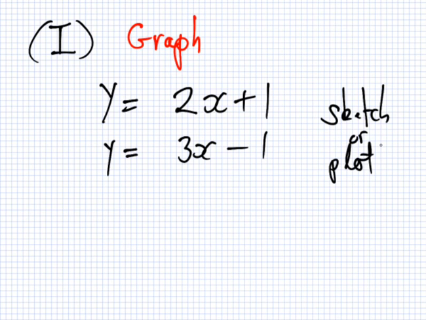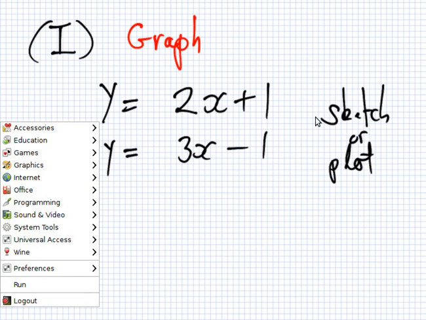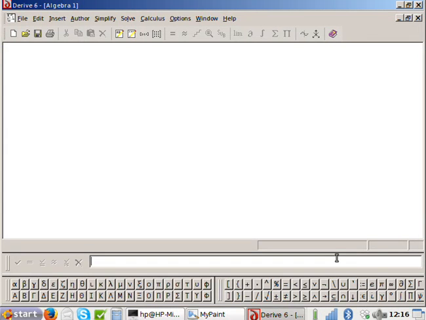So let's say we have y equals 2x plus 1, and y equals 3x minus 1. Something like this. So what I want everybody to do for me now is to sketch or plot.